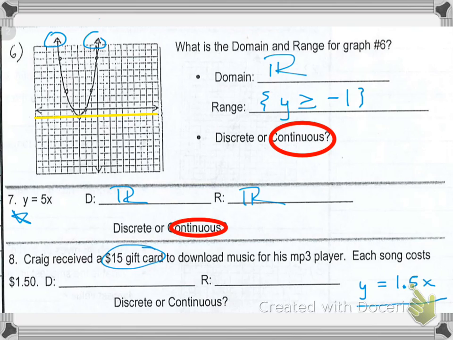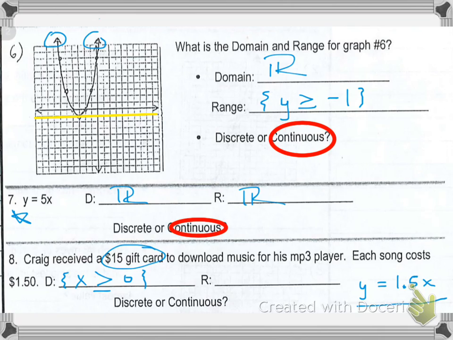No, you can't. So your domain has to be x is greater than or equal to 0. Can it be equal to 0? Yeah, it can be equal to 0 if you don't buy anything, right? But it's got to be greater than or equal to 0.